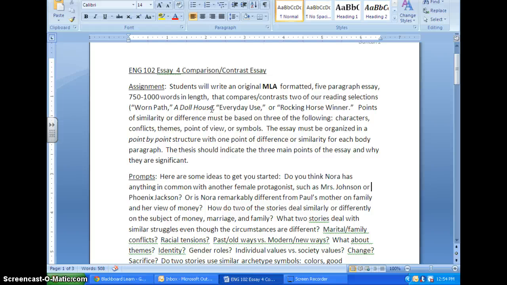What you do is you cite it by act number and line number, okay? So if it came from Act 1, line 42, if that's who you're referencing when Nora says something, or Act 2, line 200, when Krogstad says something that you feel really shows something you're trying to compare there.